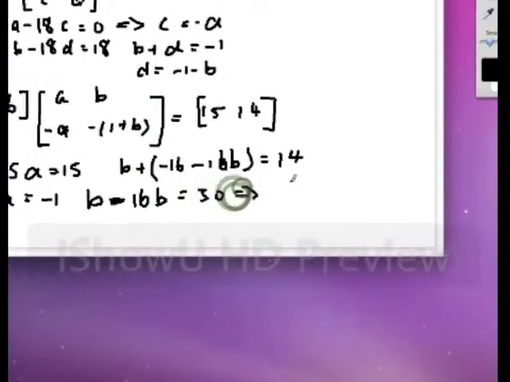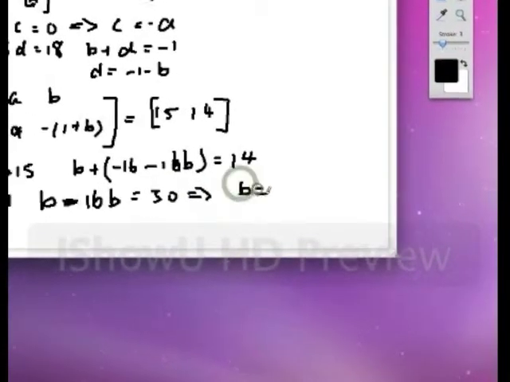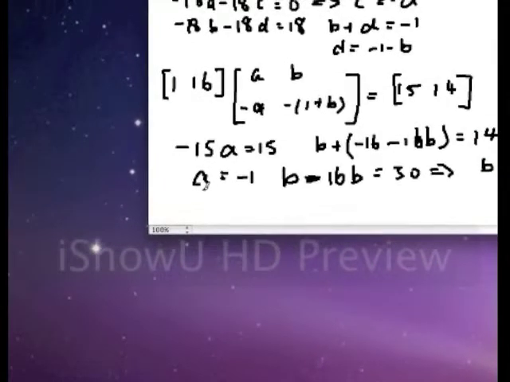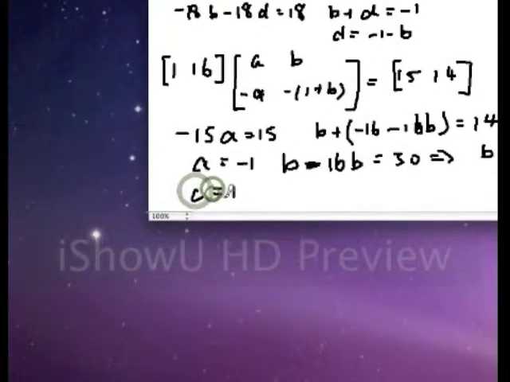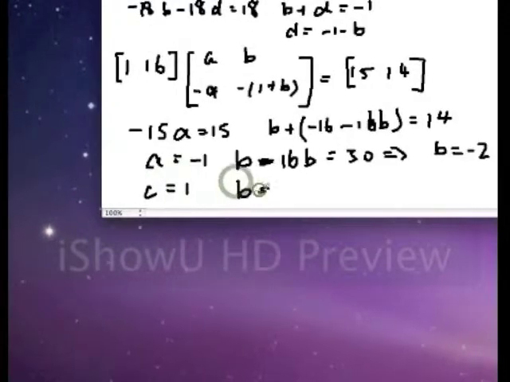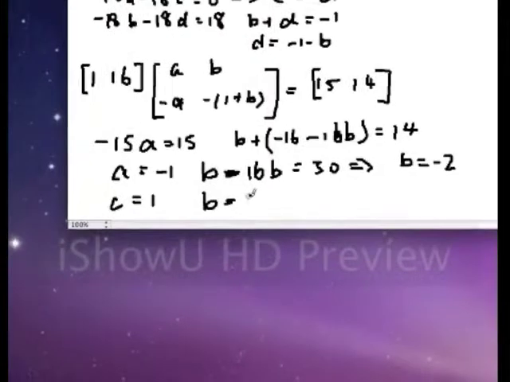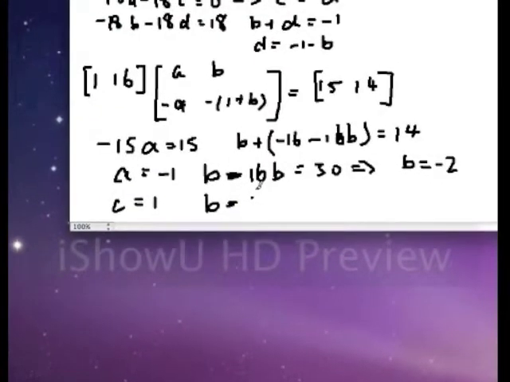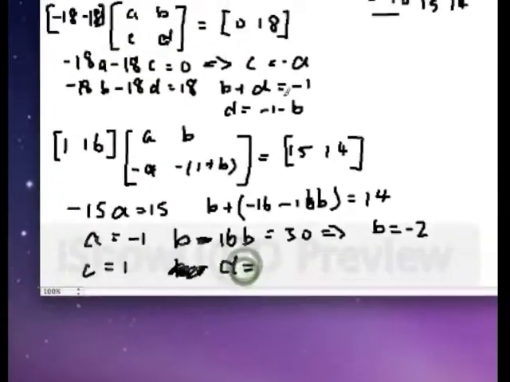So this implies negative 15B, so B is going to be negative 2. Now this means that C, coming back up here, C is negative A, so C is going to be 1. And actually I want D, don't I? D is equal to negative 1 minus this, so this is going to be 1.